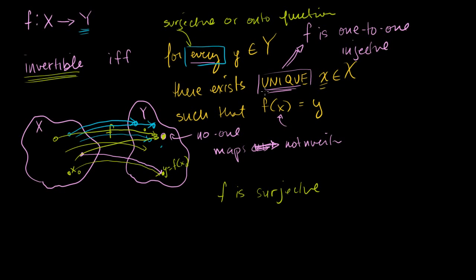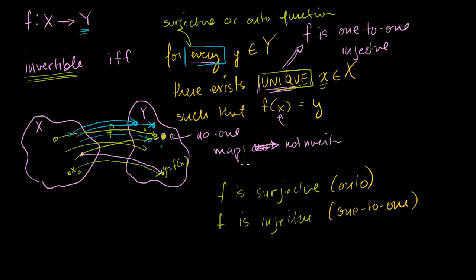So in order to satisfy the unique condition of this condition for invertibility, we have to say that f is also injective. And the less formal terms for each of these: you could call this onto, and you could call this 1-to-1.